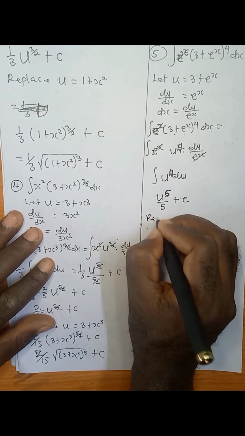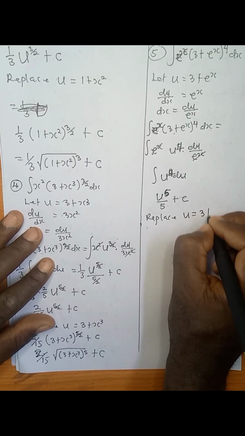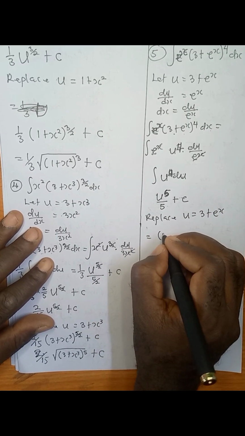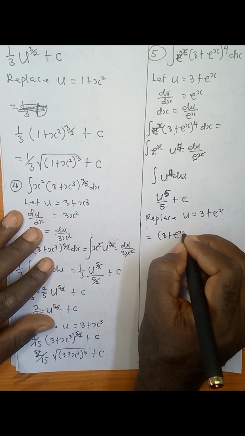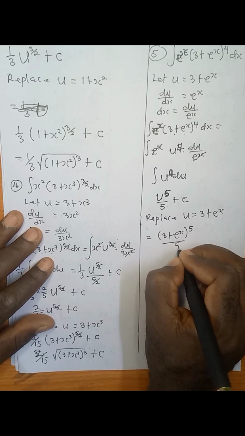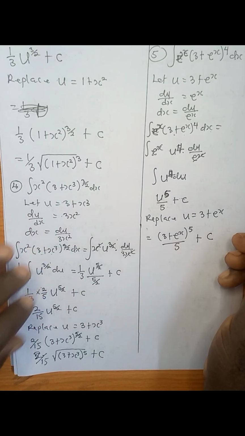Then we now replace our u, which is equal to 3 plus e raised to power x. Then we now have it as 3 plus e raised to power x, all raised to power 5, over 5 plus the constant of integration. Thank you very much.